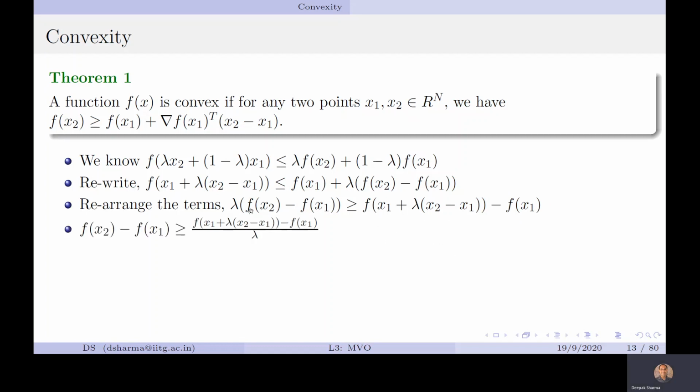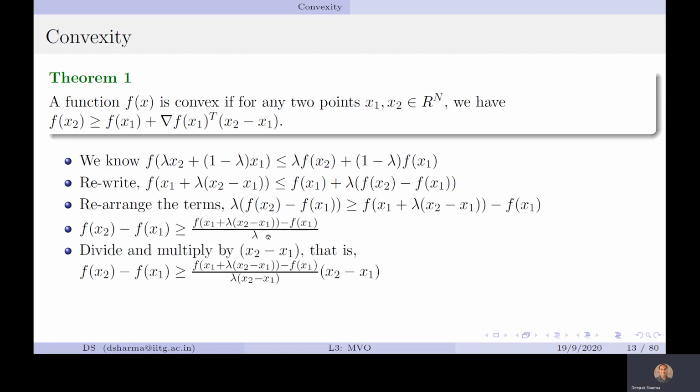Since lambda is multiplied, we'll take lambda in the denominator. Thereafter we will multiply by x2 minus x1 as well as divide on the right hand side. So if we divide it, this is the equation: f of x2 minus f of x1 greater than or equal to the relationship which we got, divided by lambda times (x2 minus x1), times x2 minus x1.